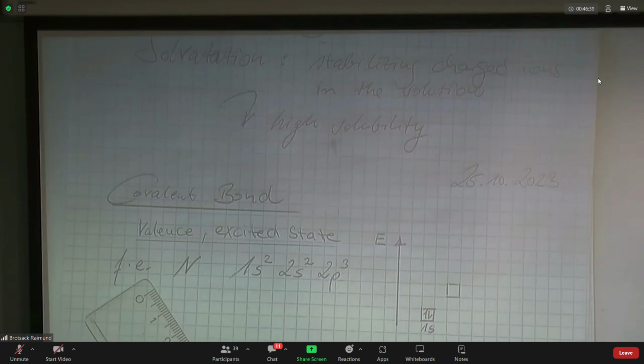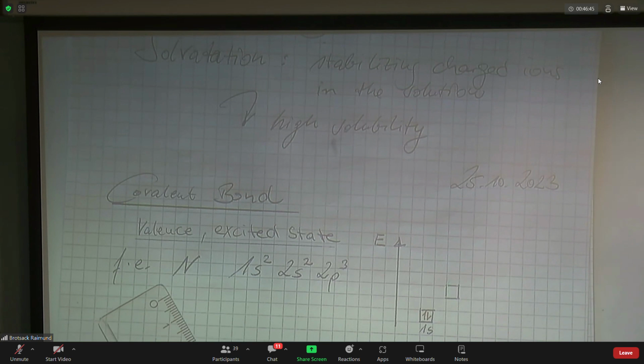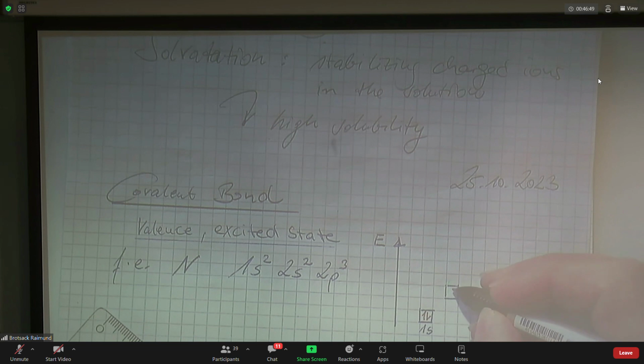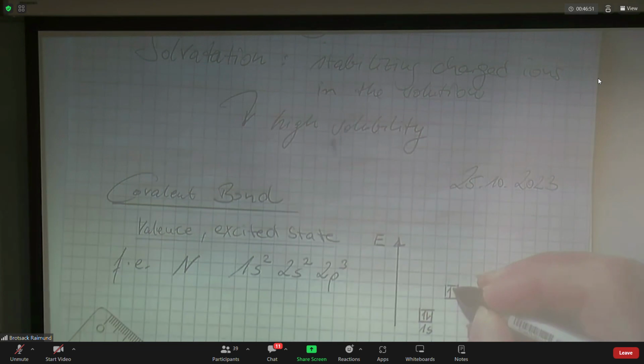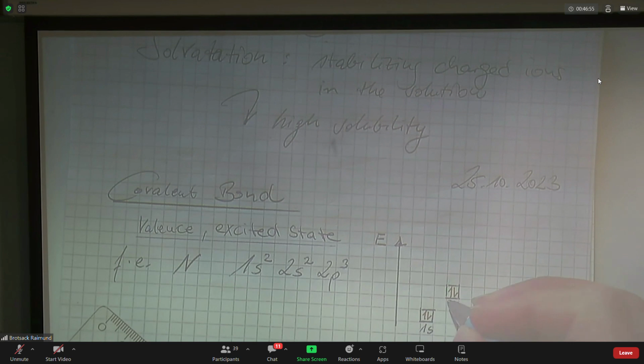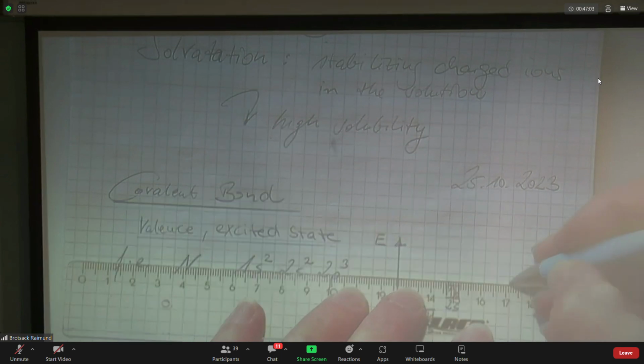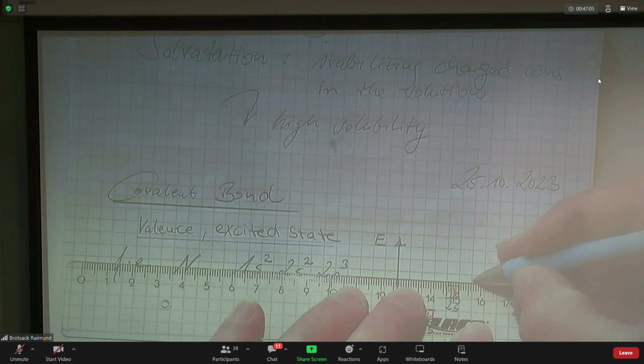We know related to the rules we discussed, we need a set of 4 different quantum numbers. And here, the difference is the spin, because we are in the same orbital, but the spin is different. So now we're in the 2s. And now the 2p is a little bit higher in the energetic level compared to 2s.